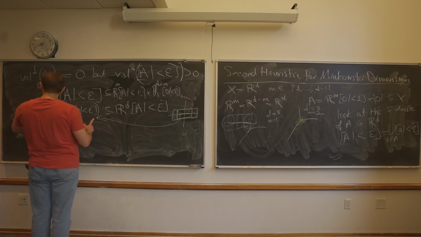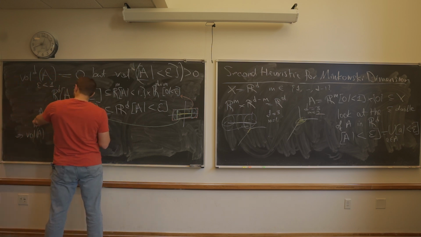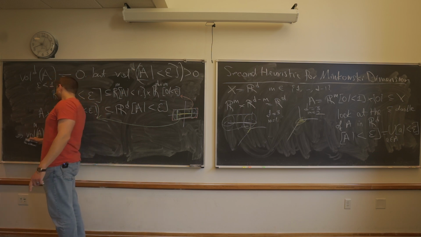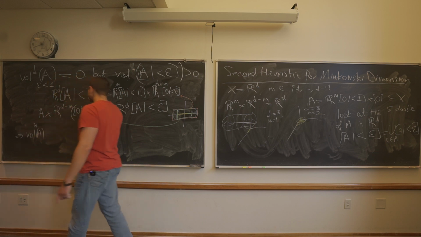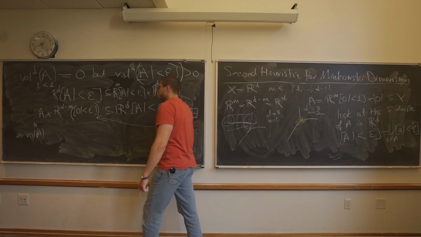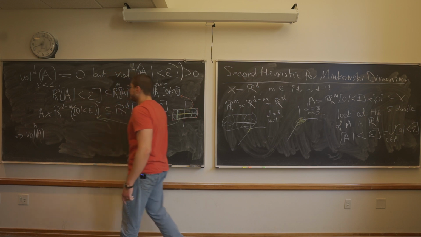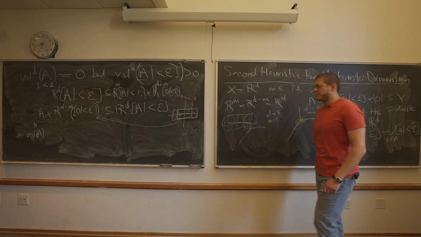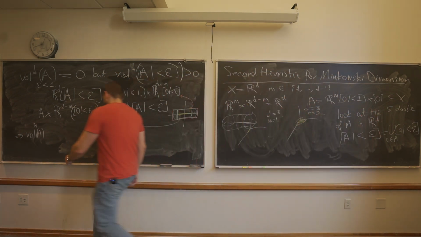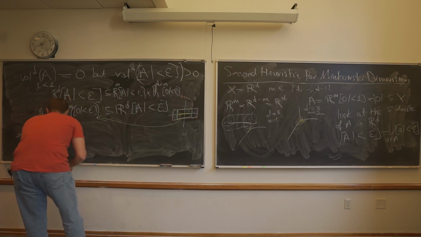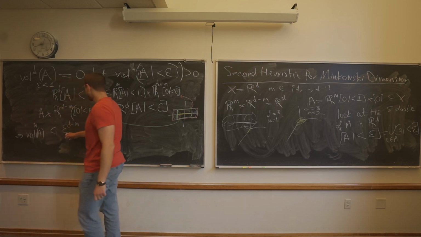Okay, so I'm trying to compute the volume of this product. The d-dimensional volume of this product is the m-dimensional volume of A times the d minus m-dimensional volume of the ball. Well, we know that the d minus m-dimensional volume of an epsilon ball should be some number times epsilon to the d minus m. So that's the lower bound.